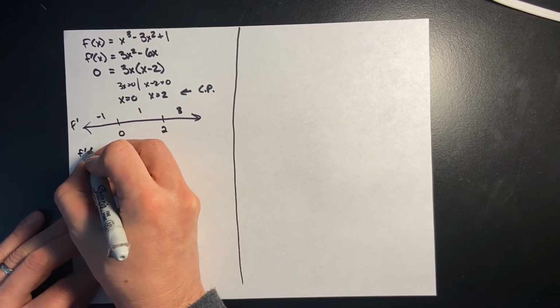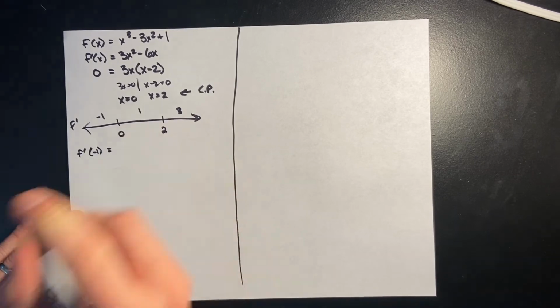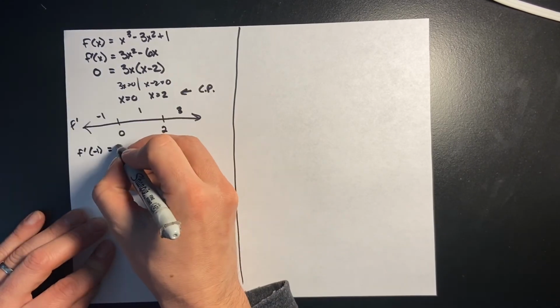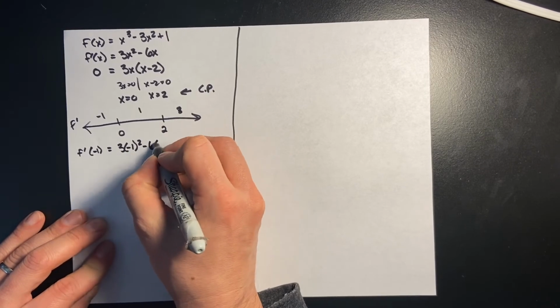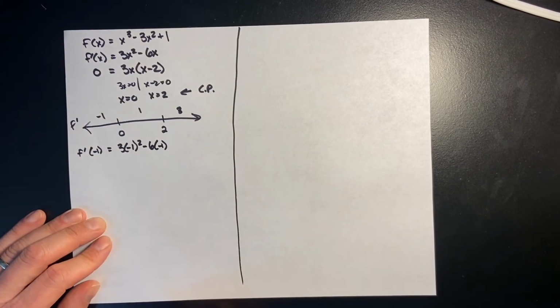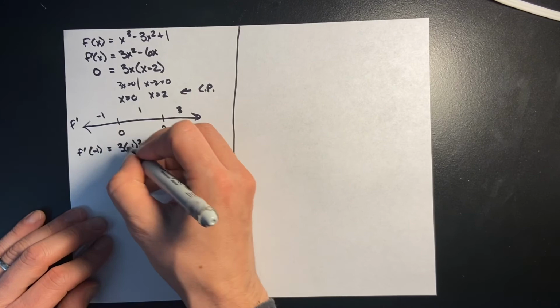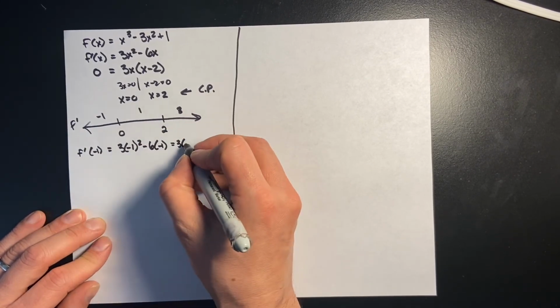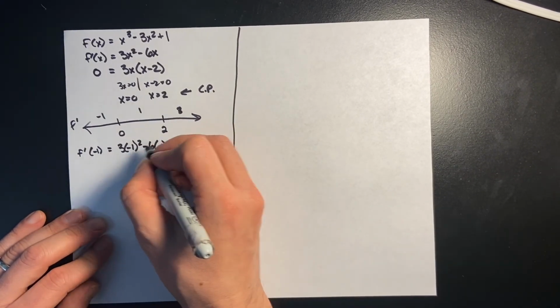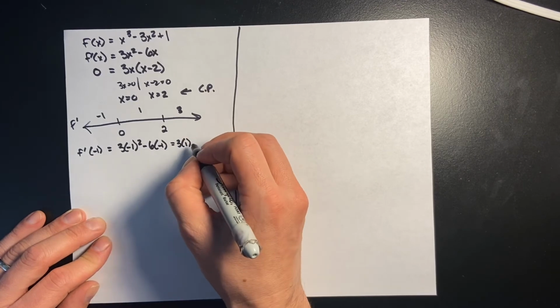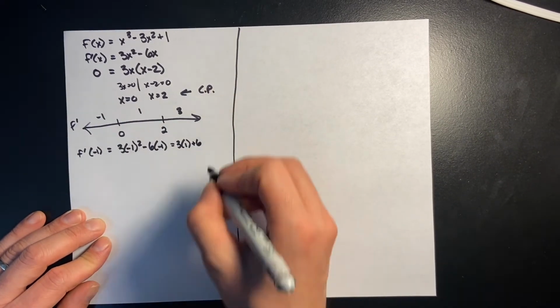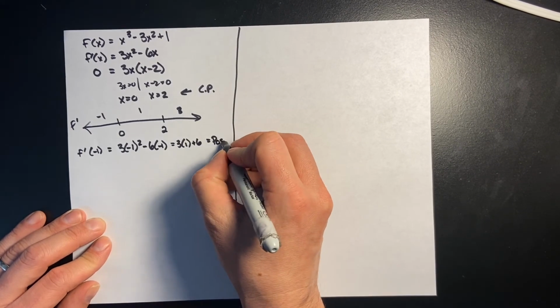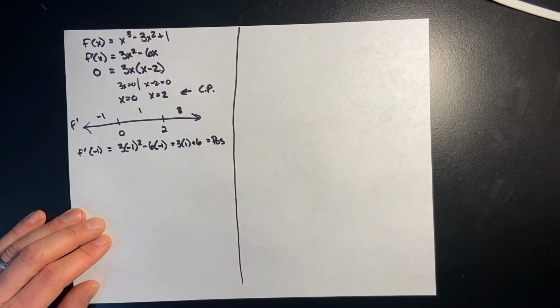F prime of negative 1 is going to be 3 times negative 1 squared minus 6 times negative 1. 3 times negative 1 squared is 3, and minus 6 times negative 1 is going to be plus 6, positive. 3 plus 6 is 9.